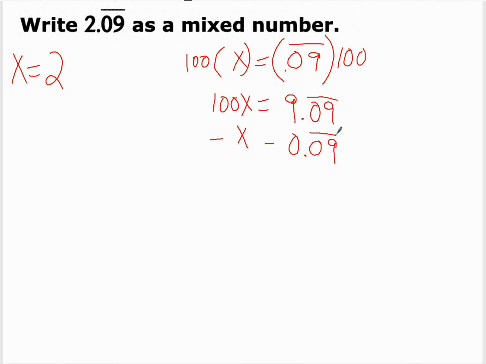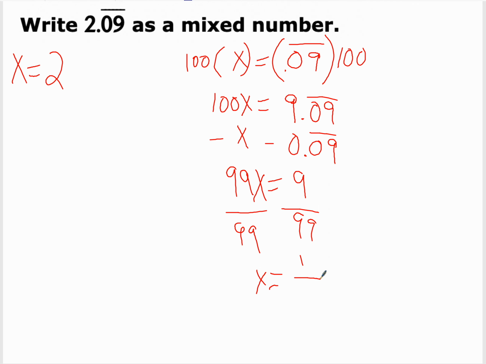Now what do I need to do? It's 99x now, and 99x equals 9, because I subtracted this part, right? You divide by 99. That equals 2 and 1/11.